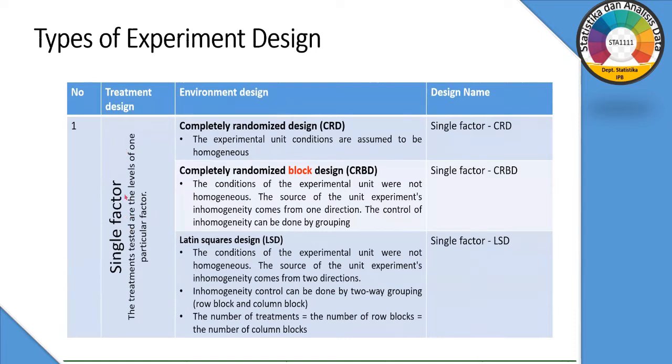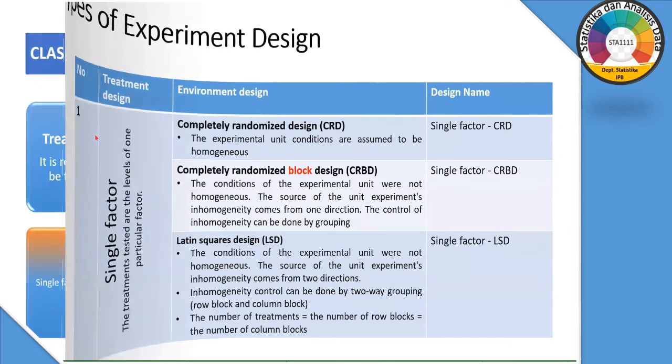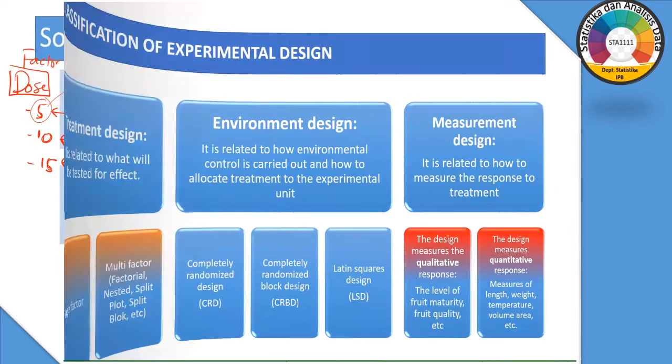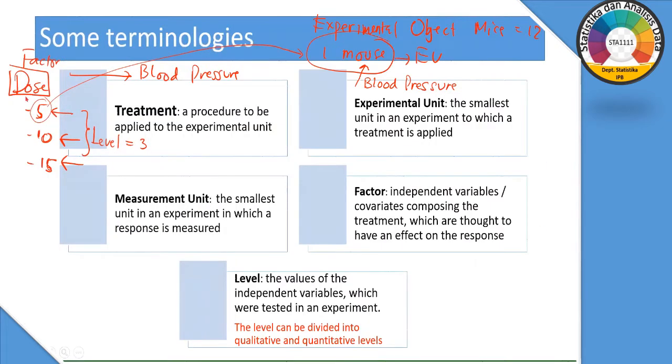In the previous one, if you talk about the dose, we conduct an experiment to see the effect of dose on blood pressure. There are 3 levels of dose that we want to apply, 5, 10, or 15. So these levels are the treatment itself for a single factor experiment.